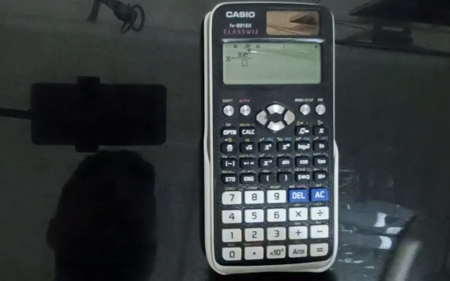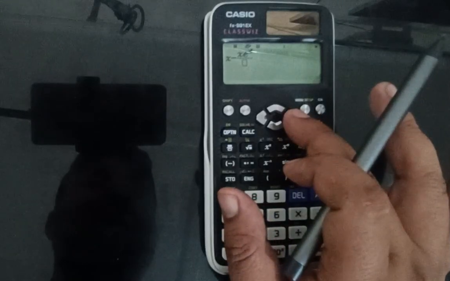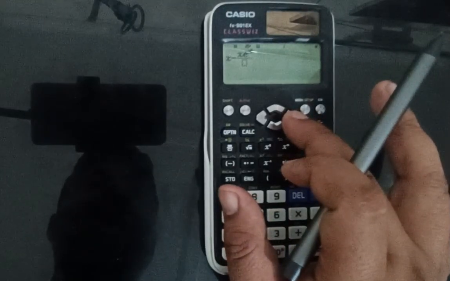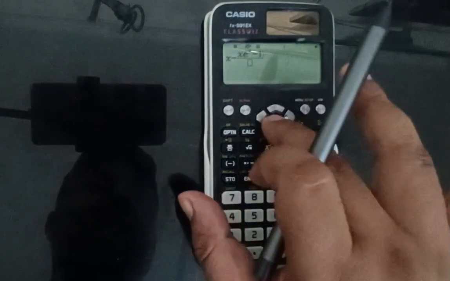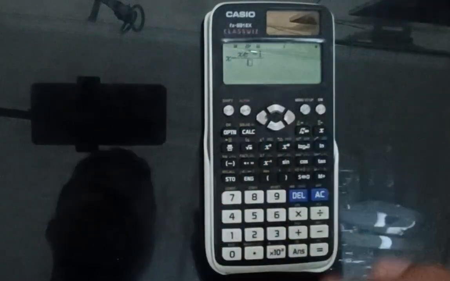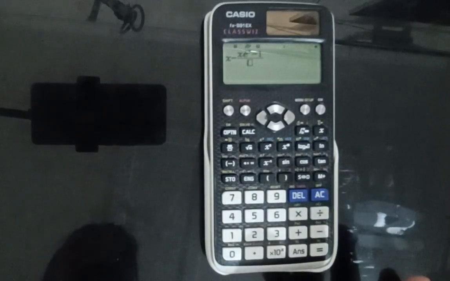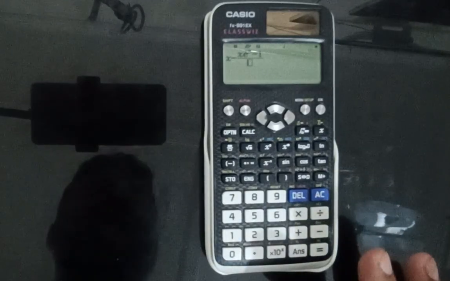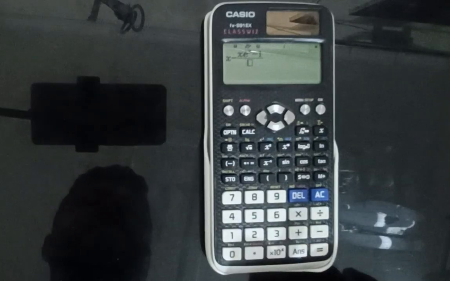So compute here x once again, and then with the right arrow you have to move your cursor down. So minus. Okay, for the denominator, with the down arrow you have to transfer your cursor into the denominator, and here you need to write e to the power x in bracket x plus 1.